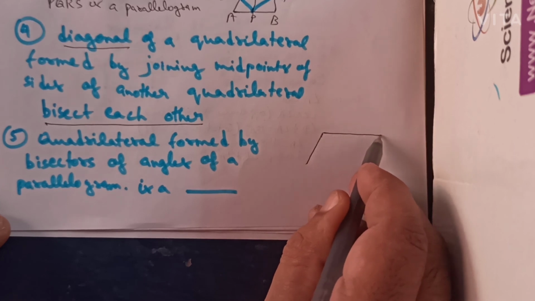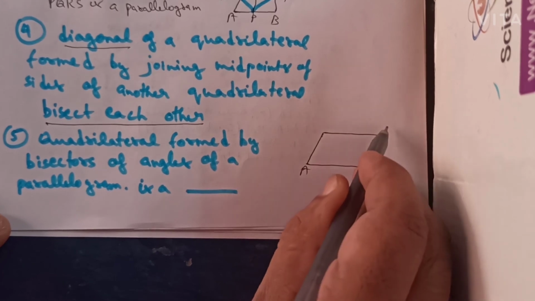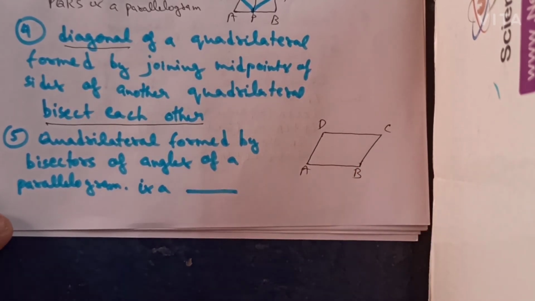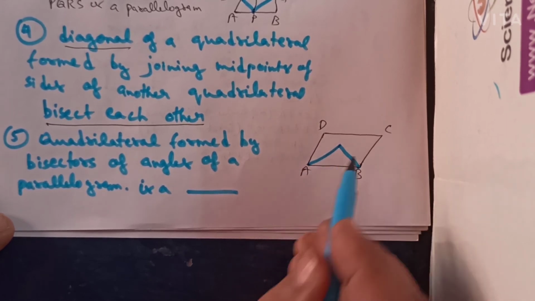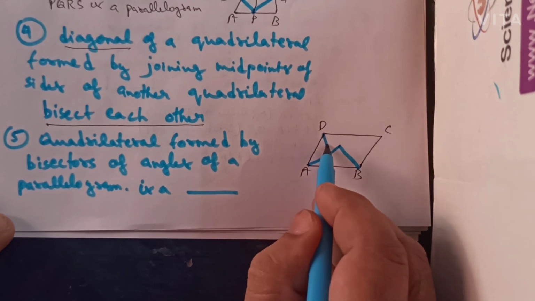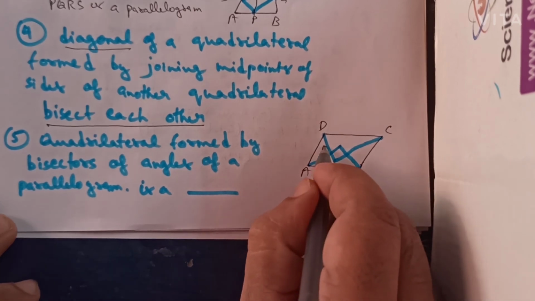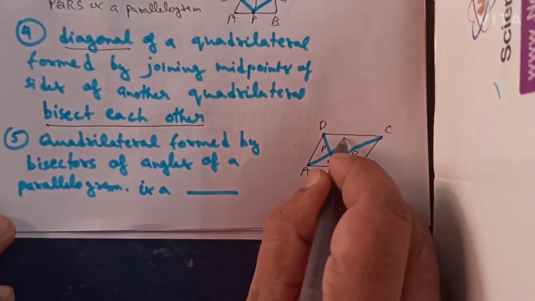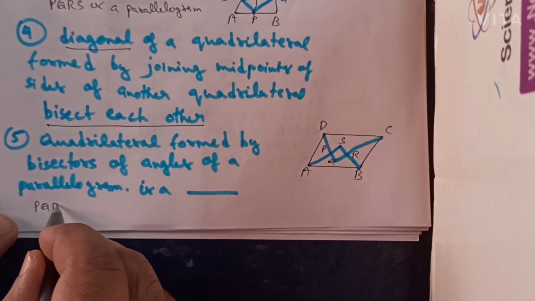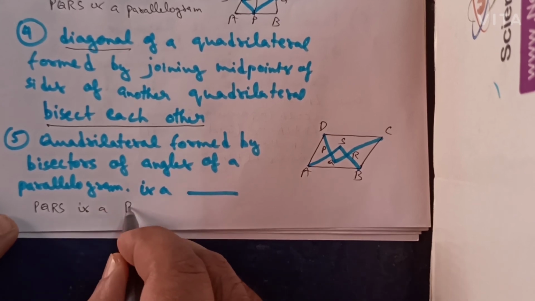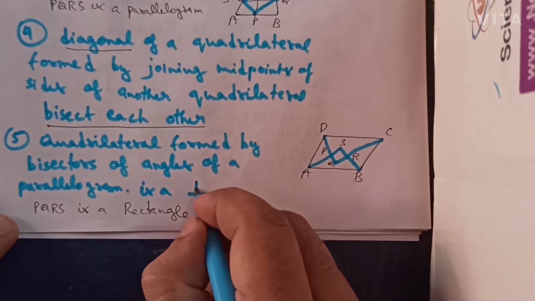Suppose ABCD is a parallelogram, and if we draw the bisectors of angle A and angle B, and similarly we draw the bisectors of angle C and angle D, then this figure formed, say PQRS, is a rectangle. Okay, it will be a rectangle.